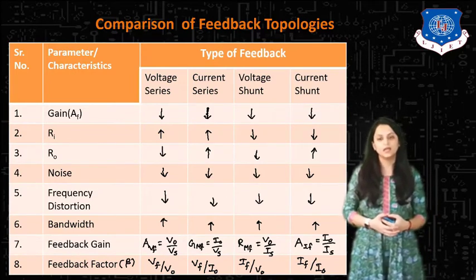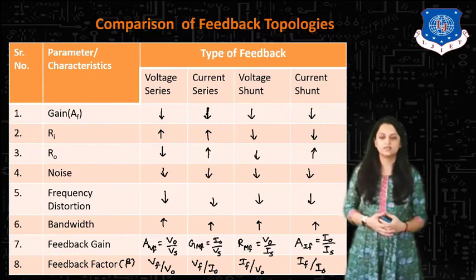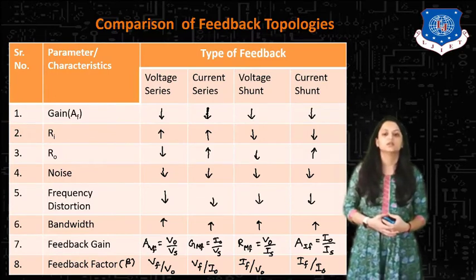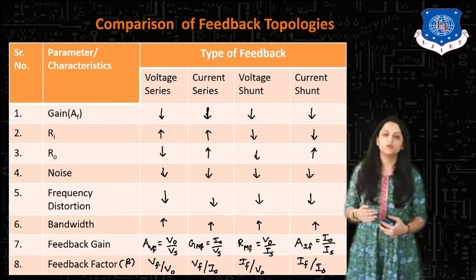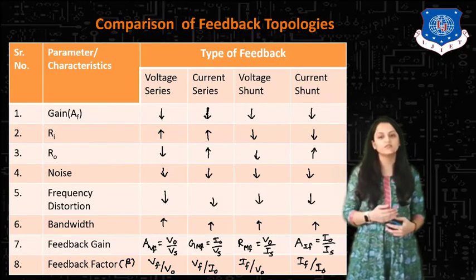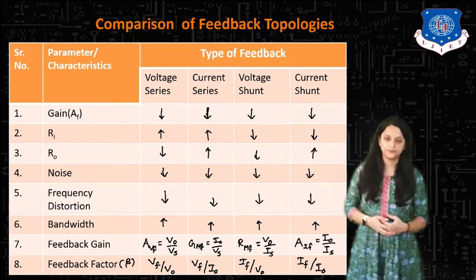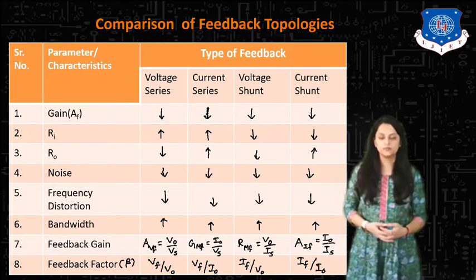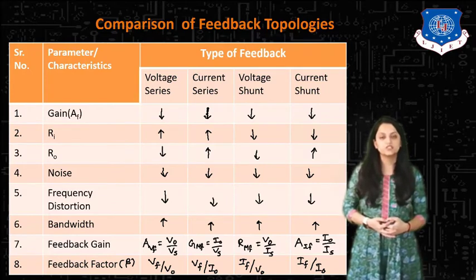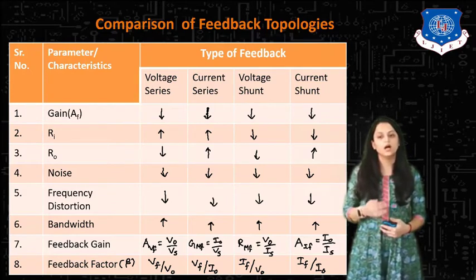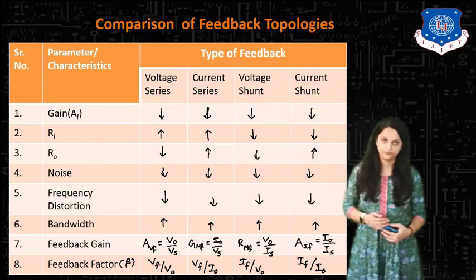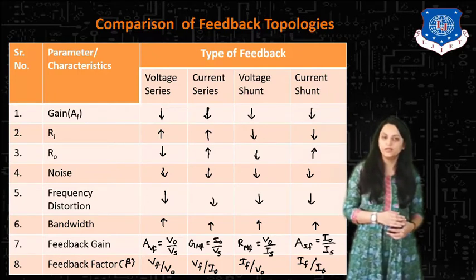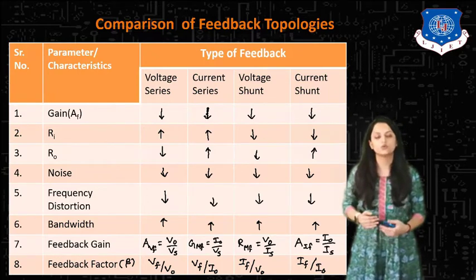Feedback gain for voltage series is given as AF, which is VO by VS, that is output voltage divided by source voltage. For the second case, that is current series feedback, it is given as GMF, that is equal to IO by VS, where IO is the output current and VS is the source voltage.